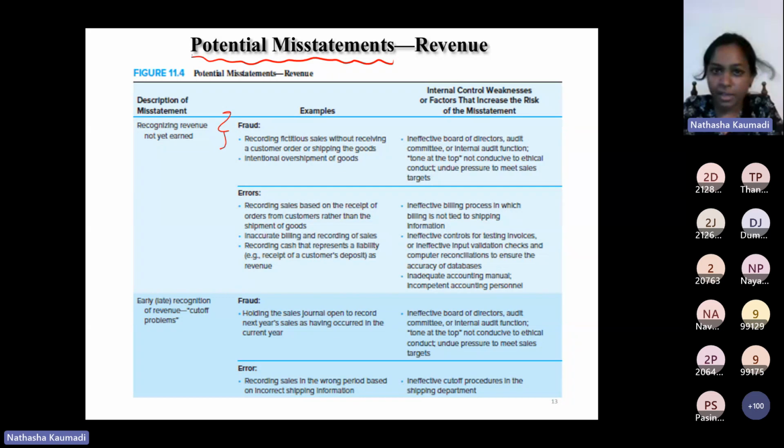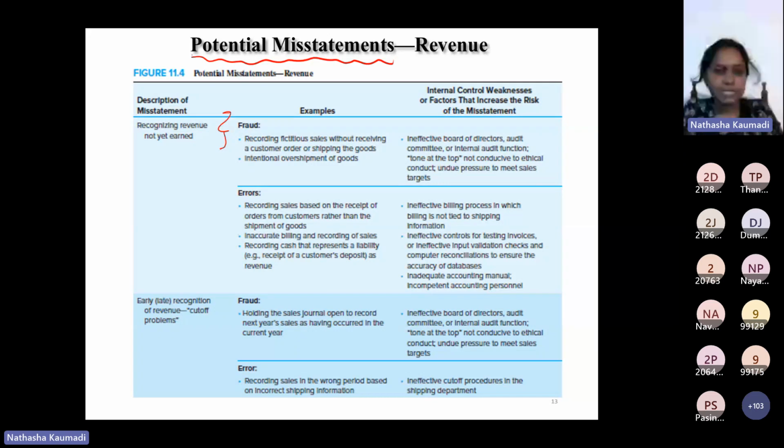Revenue not yet earned, but it has been recorded in the books, in the system. If you have recognized revenue which has not yet been earned, what will happen? Revenue is overstated. It has not been realized yet, not been earned yet, but you have recognized it as revenue.